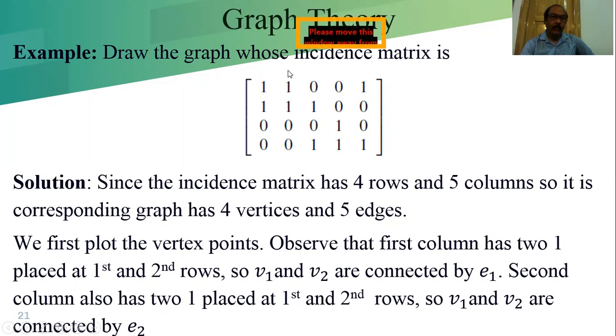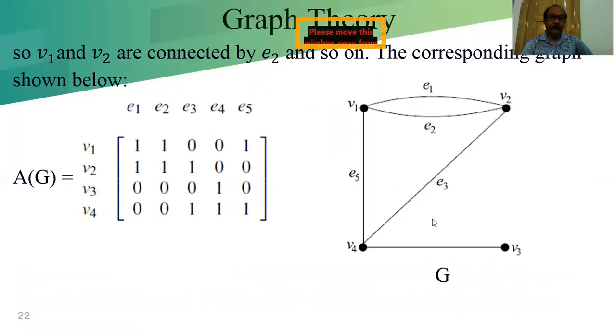So E1 and E2 are parallel. E3 connects the vertices V2 and V4, E4 connects V4 and V5, and E5 connects the vertices V1 and V4. This is our incidence matrix and this is the graph. From that we can easily draw it.